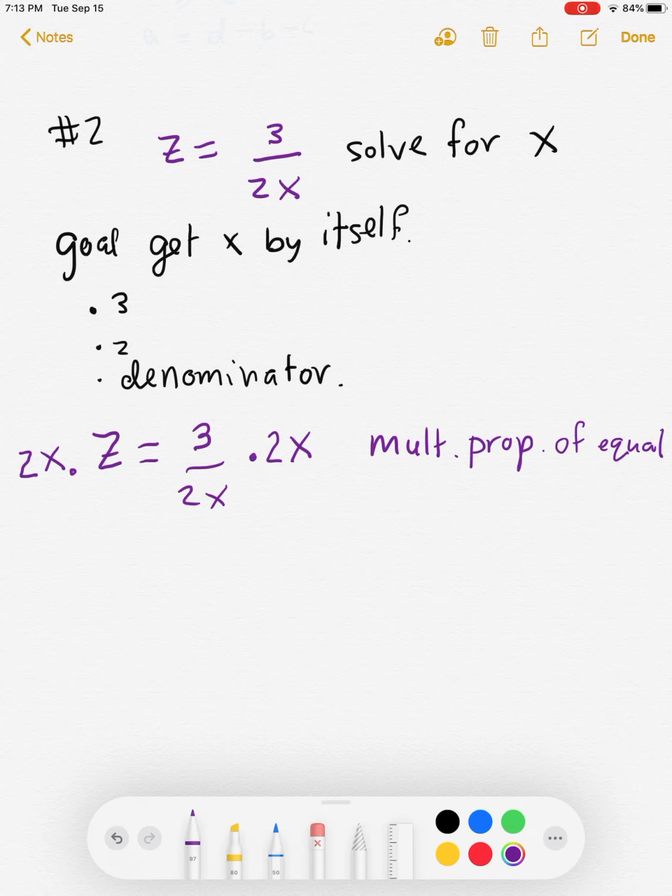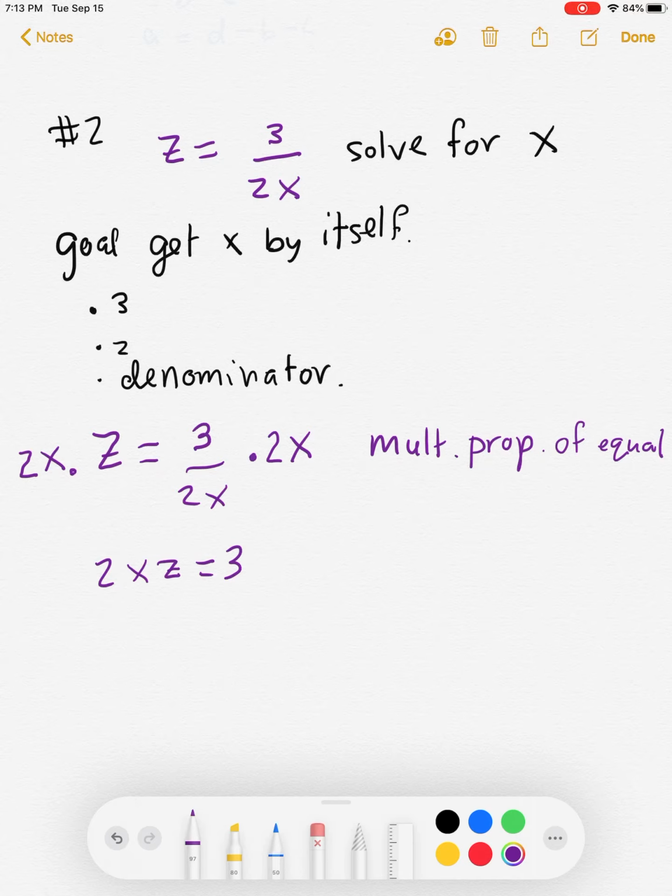And that's totally fine. You'll find a lot of times in these problems you end up doing things like this at the same time. So we end up with 2xz equals 3. Well, our goal is to still get x by itself. What's keeping it from being by itself?